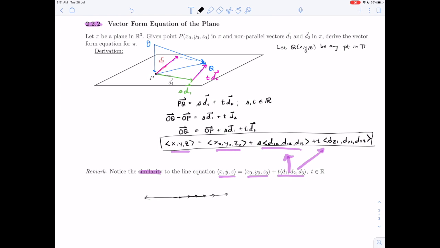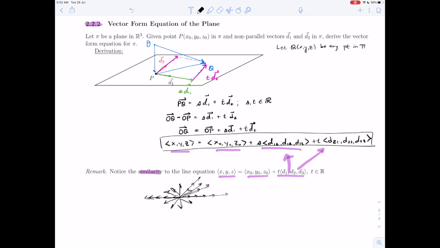We only needed one vector because we were going in either one direction or the other, one-dimensional. If you add a second vector possibility and you scale those two vectors, well, you can reach everything in between, which is exactly what is happening here in the plane.